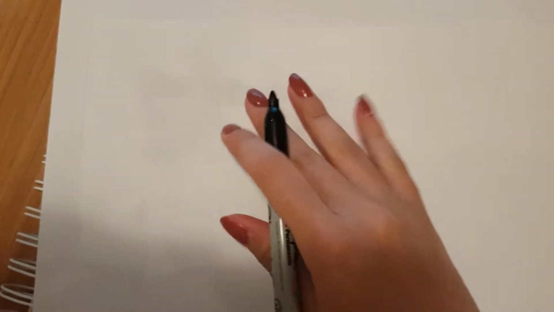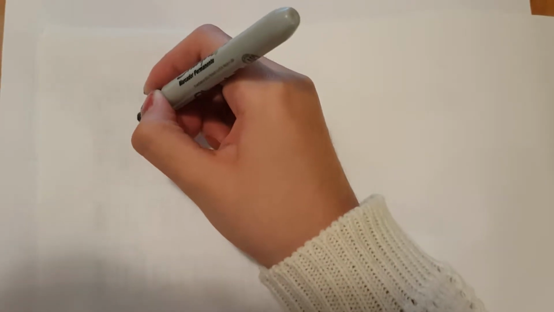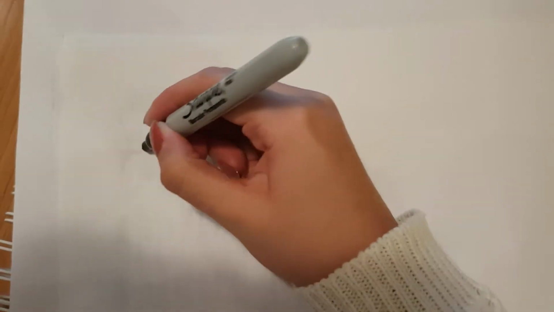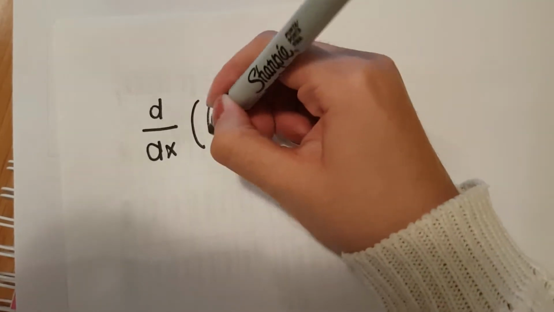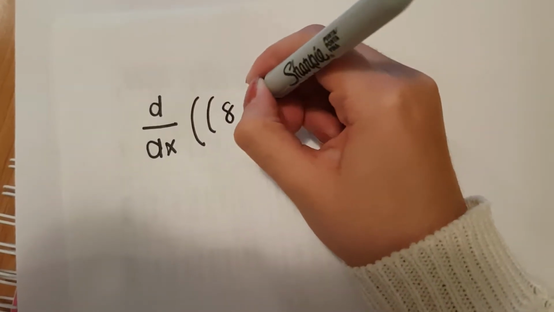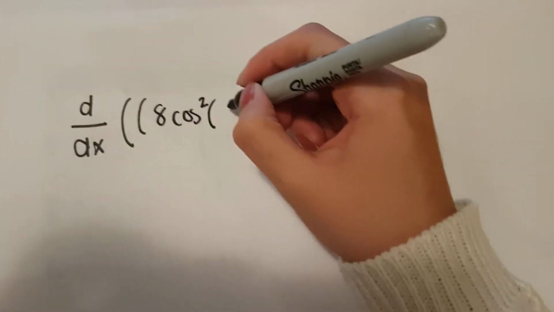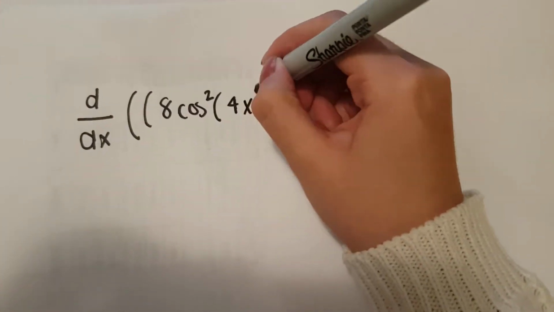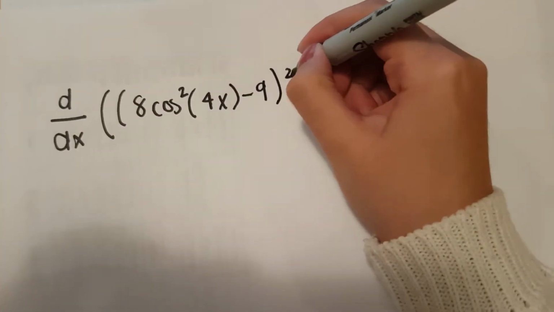So in the next step, we're going to leave the same this side of the equation. So we have the parentheses that is 8 cos square of 4x minus 9. This to the square.